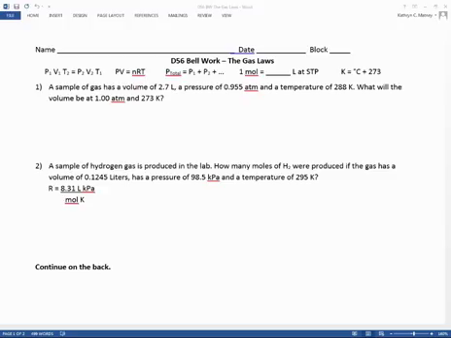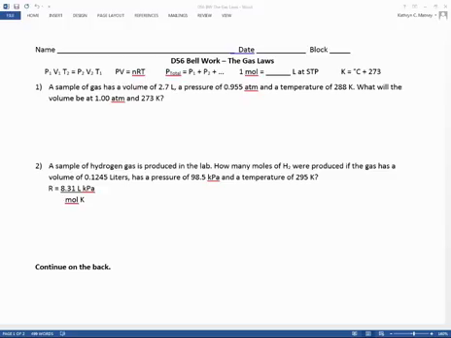All right, next question. A sample of hydrogen gas is produced in the lab. How many moles of the hydrogen were produced if the gas has this volume, this pressure, that temperature? All right, Hunter, talk to me. How do I know which law this one is?